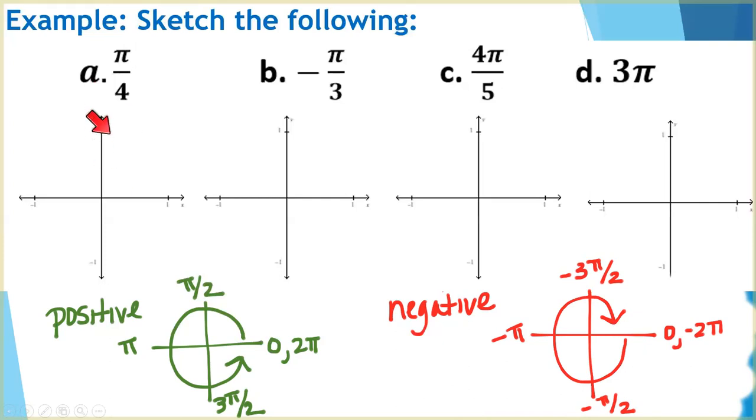So to sketch the angle pi over 4, again, this is always your initial side, it is going to be approximately right there. That is what that angle would look like. So pi over 4 would be in quadrant 1.